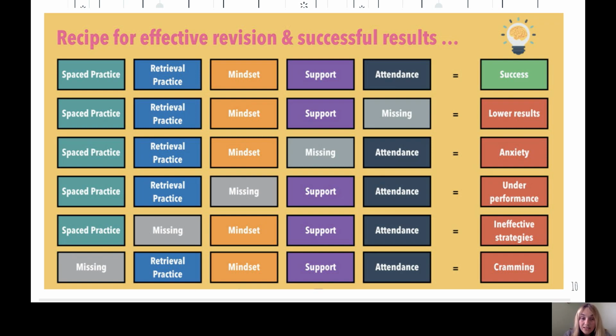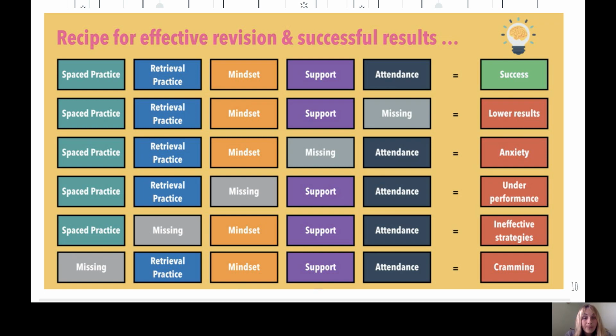Retrieval practice is very much linked to your spaced practice in that you're recapping that information, as I've just said. Now, we know how important mindset is, and we know the opportunity that we've got in front of us in terms of the exams this summer. So if the mindset's not there, and you've got everything else, you're looking at a potential underperformance.